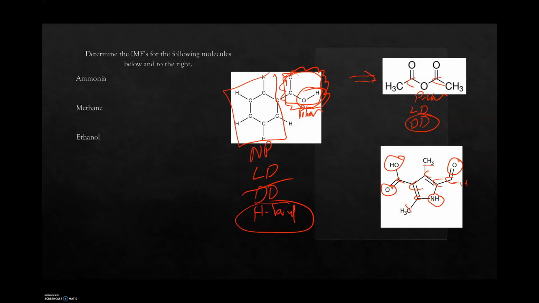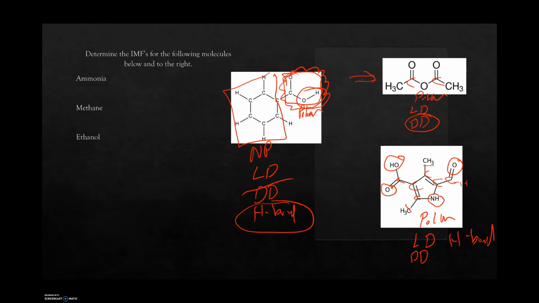What does make a difference are the ones that I have circled. Those cause this molecule to be polar, and it is very polar. So London dispersion is going to be one force, dipole-dipole will be a force, and then H bond will be a force. So this molecule is going to have all three of those. It's not going to have ion-dipole because there's no ion present.